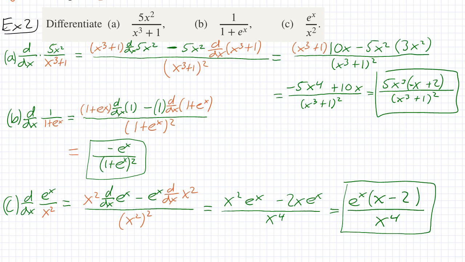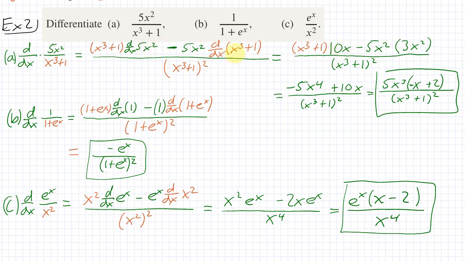So the first one here, what I tried to do with the colors is keep all of the denominators orange so that you can help keep track of it that way. And I kept the numerators green. So here you have low d high minus high d low over the square of what's below. The derivative of 5x squared becomes 10x.